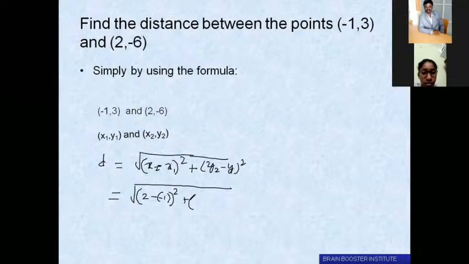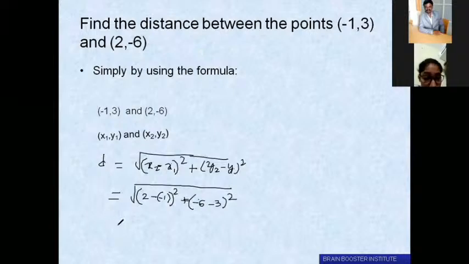Now let us substitute the values of y2 and y1. What is the y2 value, Nana? Sir, y2 is minus 6. Very good. Minus 6 minus y1. y1 is 3, sir. 3 whole square.